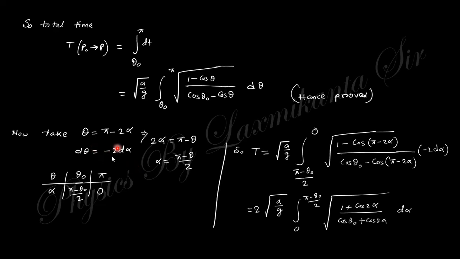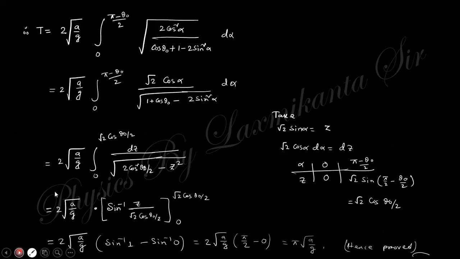Now you need to find out this value. For that, put theta equal to pi minus 2 alpha. So 2 alpha equals pi minus theta, so alpha equals this, and just change the limit theta naught to pi. Putting theta equal to pi minus 2 alpha, you know cos of pi minus 2 alpha is minus cos 2 alpha, and you know the formula 1 plus cos 2 alpha is 2 cos square alpha.